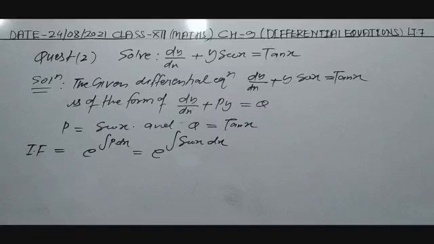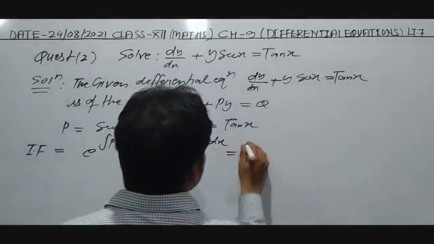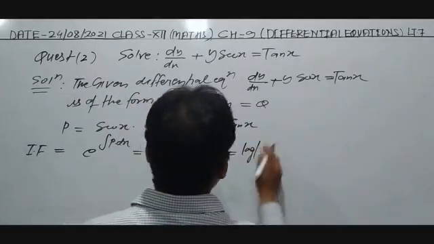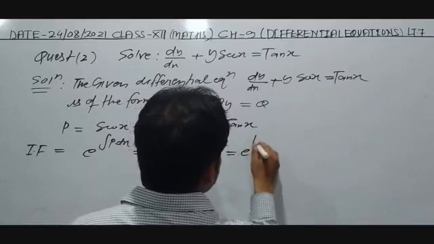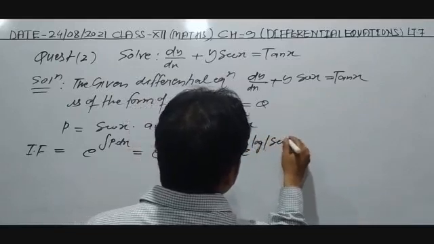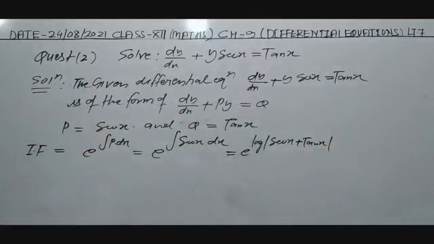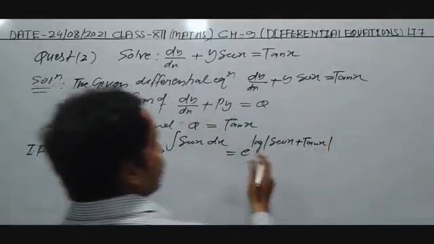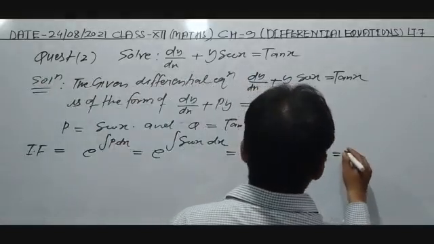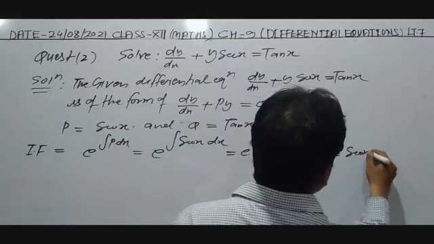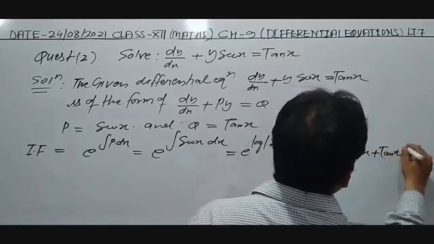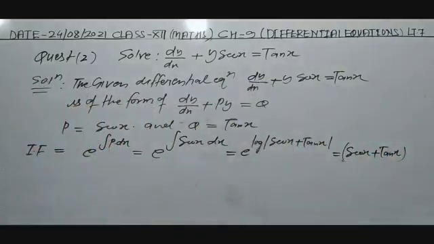You know the integration of sec x is log of mod of sec x plus 10x, and you know e to the power log x result is x, so its value is sec x plus 10x. Means the integrating factor result is sec x plus 10x.